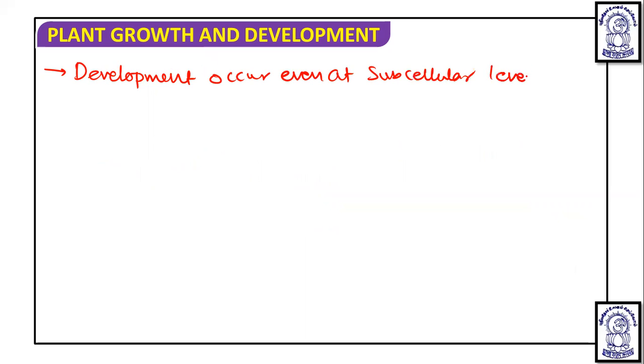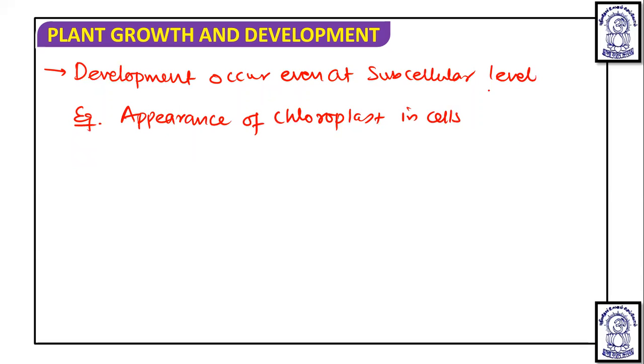Now, it is also known that development occurs even at the subcellular level. For example, the appearance of chloroplast in cells exposed to light.